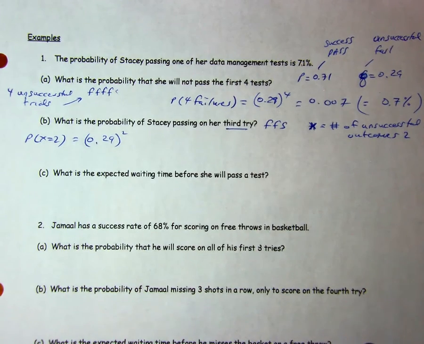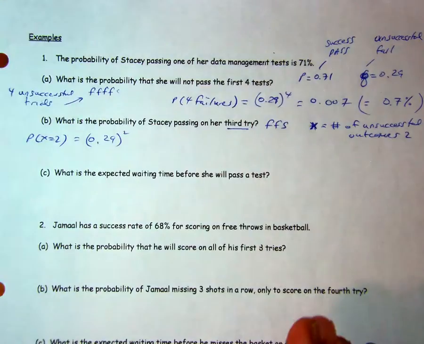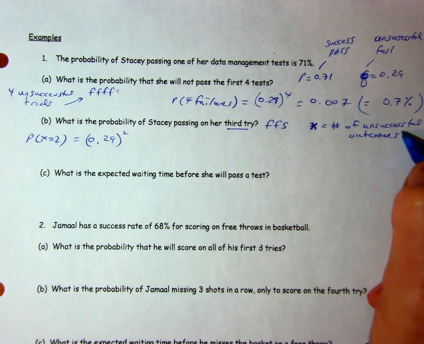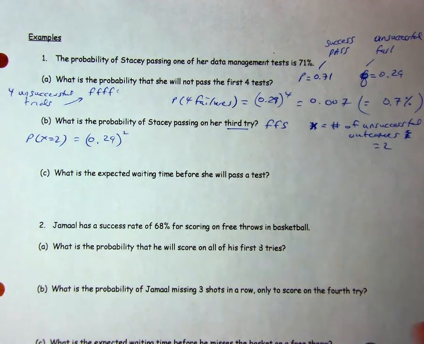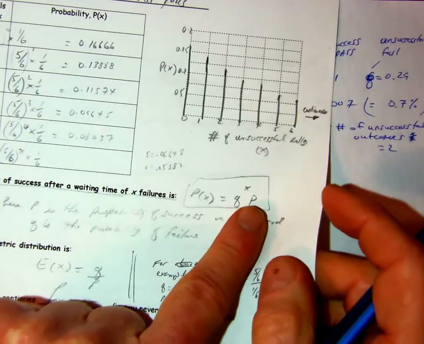We're just using this formula here, so x is 2. And then times, we still have to do the p part.